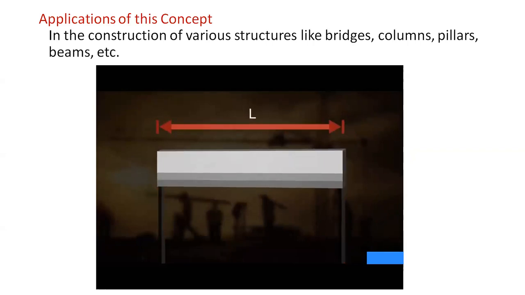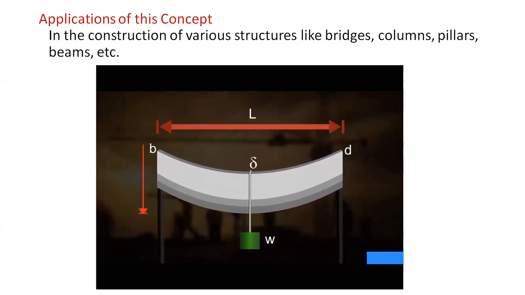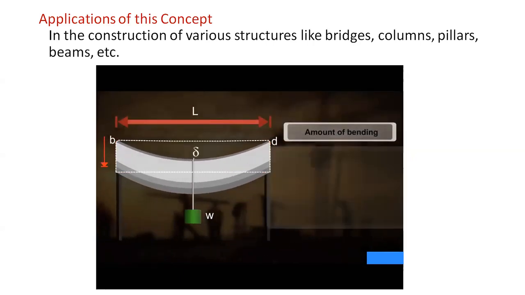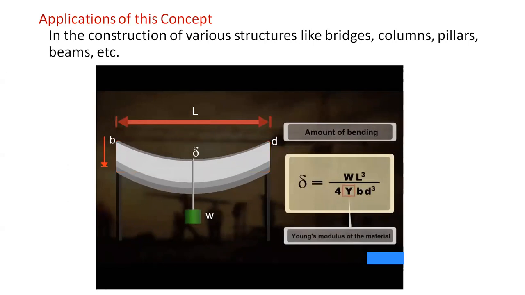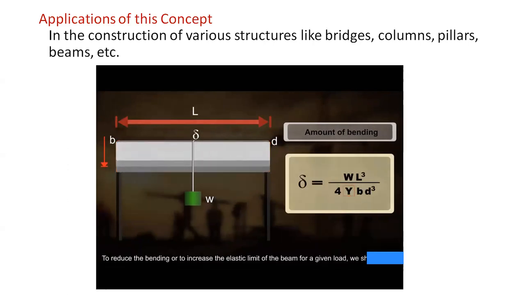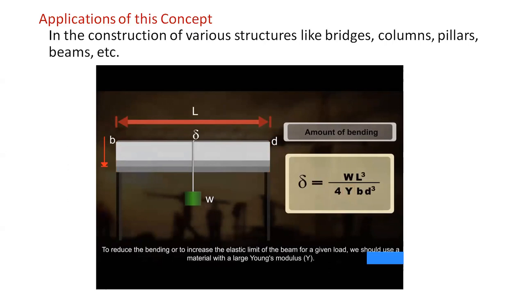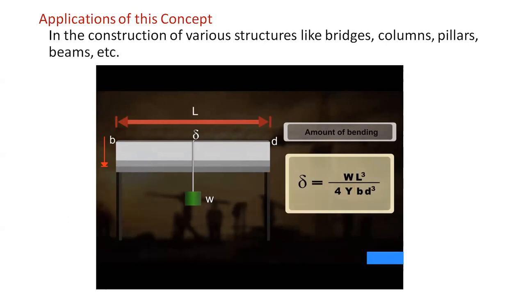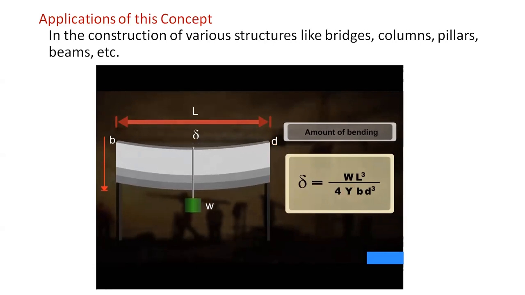The beam of length L, breadth B and depth D when loaded at the center by a load W sags or bends by an amount delta given by the following formula, where Y is the Young's modulus of the material. We can see that to reduce the bending or to increase the elastic limit of the beam for a given load, we should use a material with a large Young's modulus Y. For a given material, as you can see from the formula, increasing the depth D can reduce the bending to a great extent. But on increasing the depth, the bar may bend as shown.